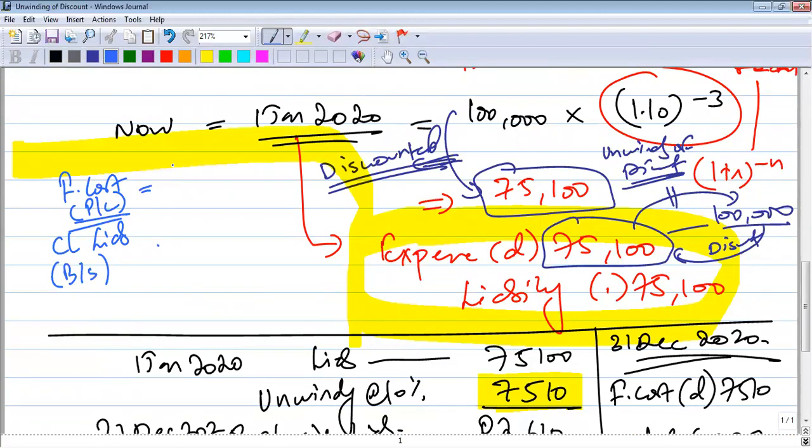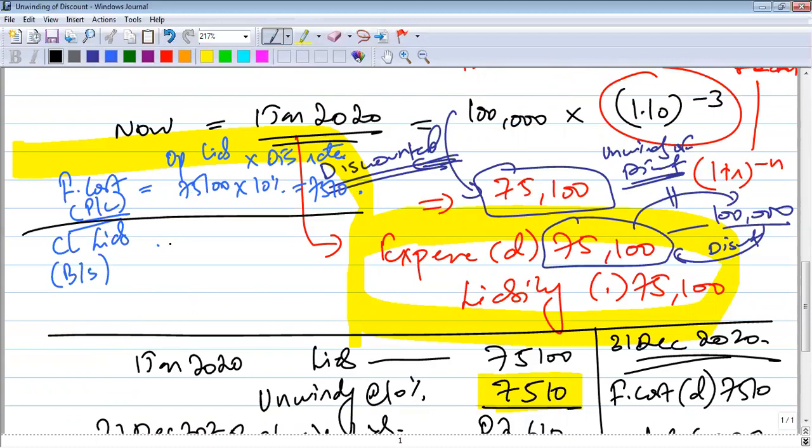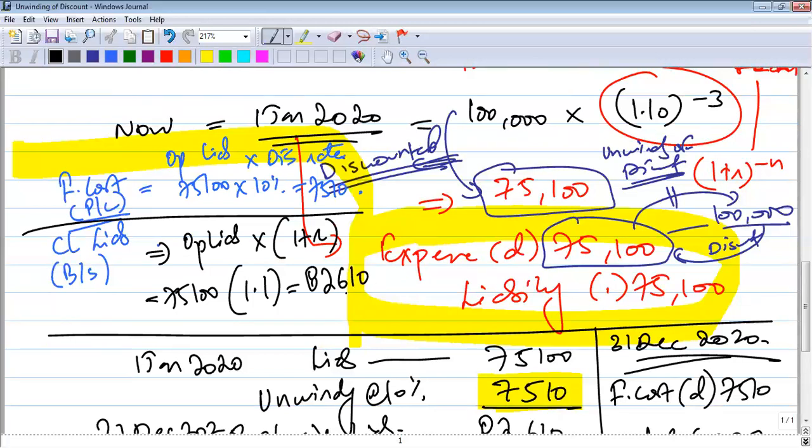You could directly calculate the finance cost as opening liability multiplied by the discount rate. If the opening liability was 75,100, you multiply it with the discount rate and you get 7510. Similarly, the closing liability is opening liability multiplied by 1 plus R. So 75,100 multiplied by 1.1 automatically gives you 82,610.